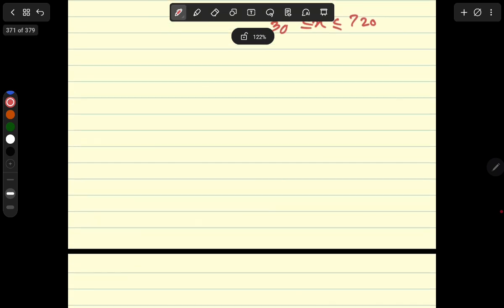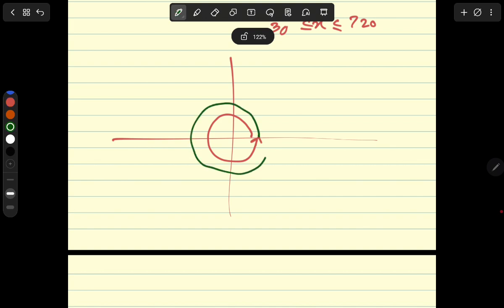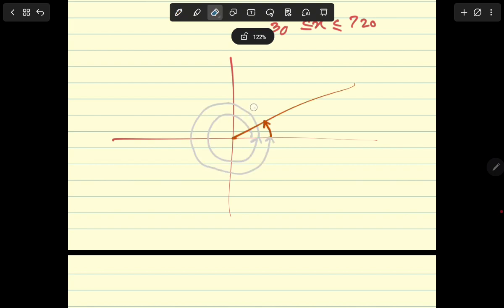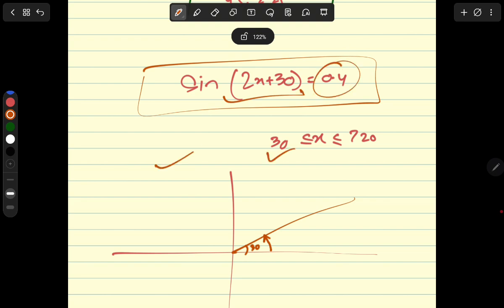Now, first of all, when I look at the quadrants, this is 360, this is 720, and then another 30 degrees added to it, right? The sine of an argument is positive in the first and the second quadrant, or the fifth and the sixth quadrant, or the ninth and the tenth quadrant, right?